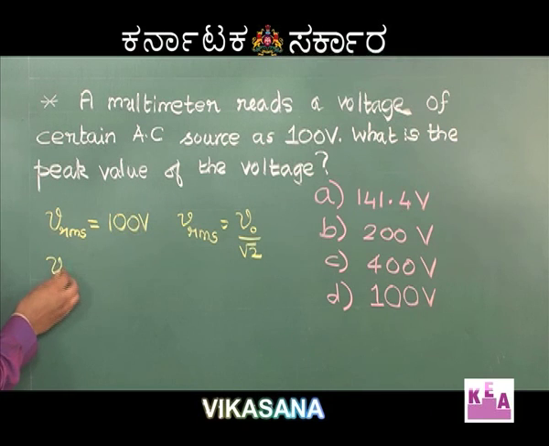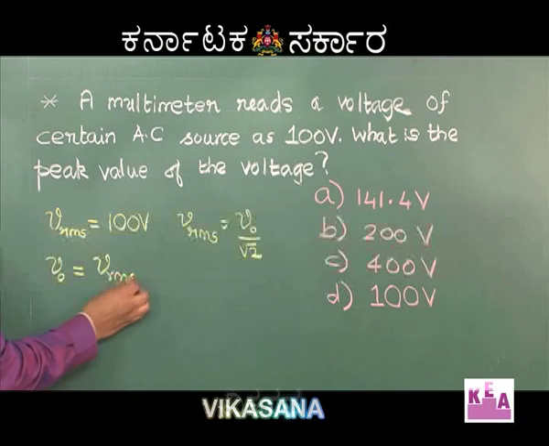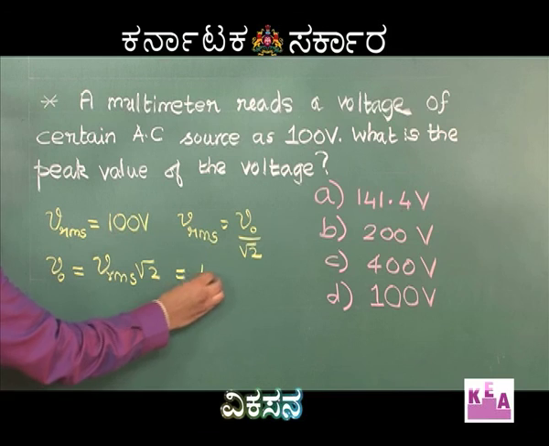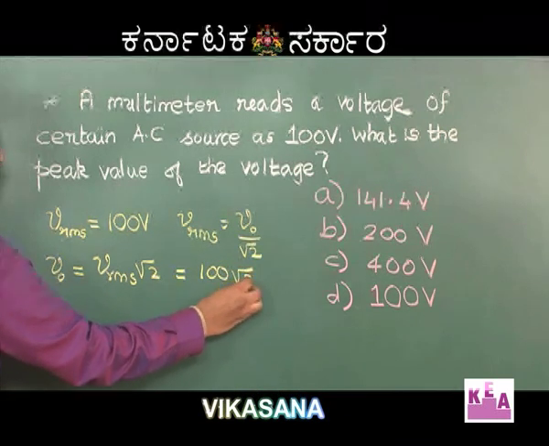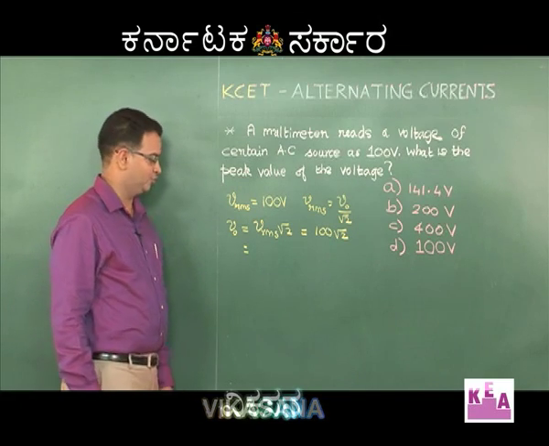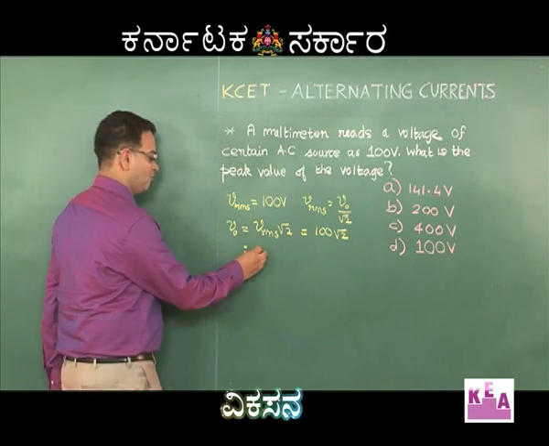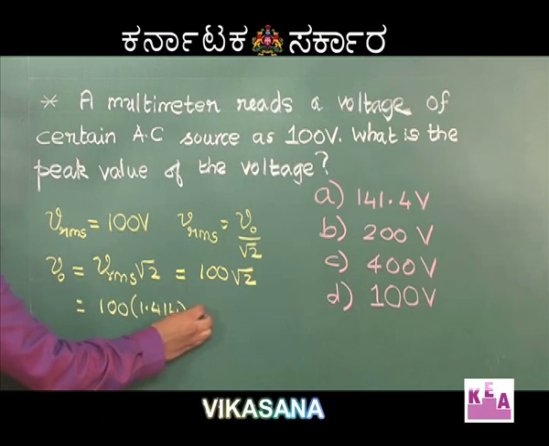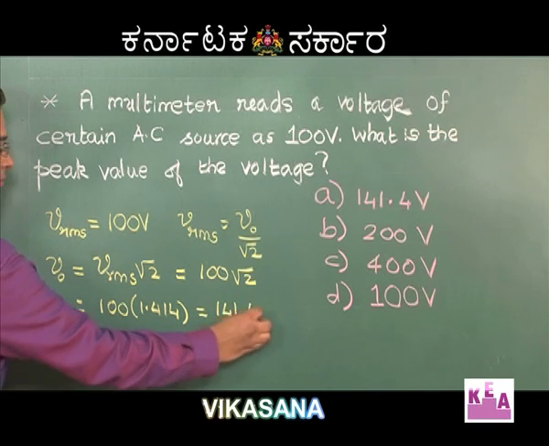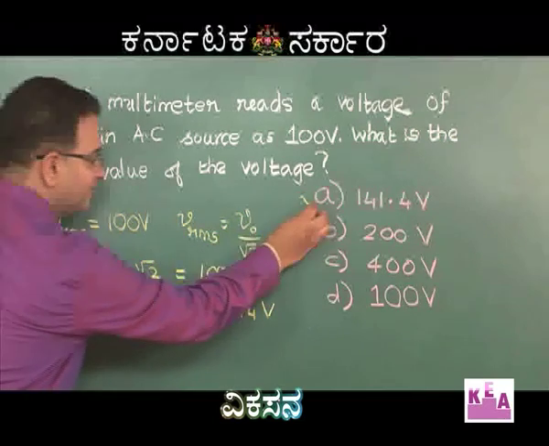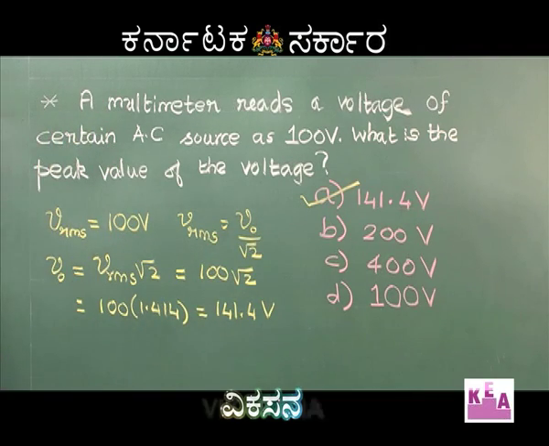Therefore, V0, which is nothing but the peak value, is going to be Vrms times root 2, which is equal to 100 into root 2. And we are expected to remember the value of root 2. Root 2 is 1.414. Therefore, 100 times 1.414 will give us 141.4 volts, which is the first option. Therefore, for this question, option A is the right answer.